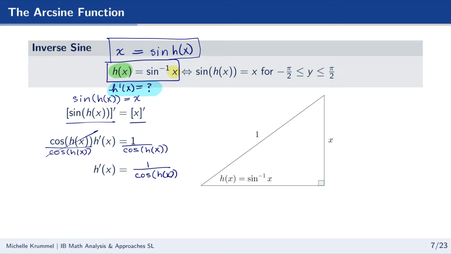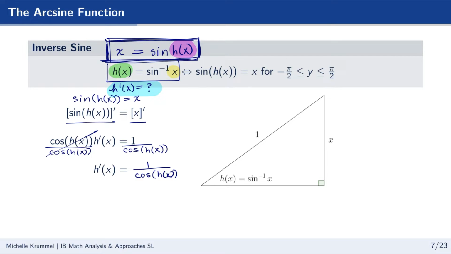Now we have to figure out what is the cosine of h of x, and that's where this right triangle comes in. If we look at this equation right here, x equals the sine of h of x, that tells us that h of x is an angle, because you always take the sine of an angle.